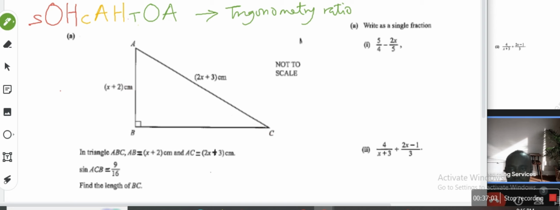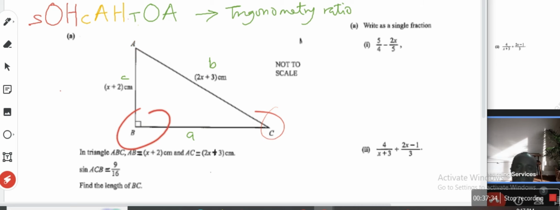So this would have been small letter c, while the side opposite to A would have been small letter a, and the side opposite to B would have been small letter b. Or you use letters because this side is AB, this side is AC, and this side is BC. Of course, this angle is ACB, the middle one, or BCA, the middle one.